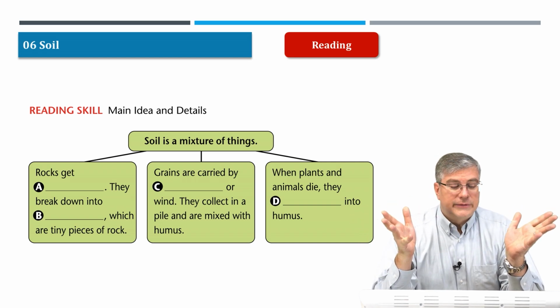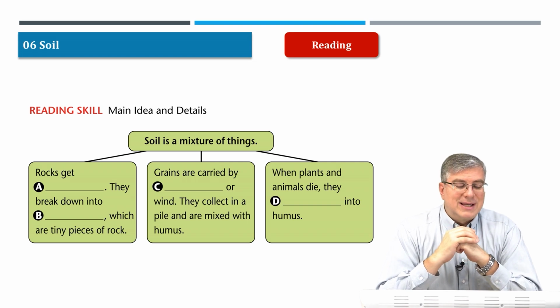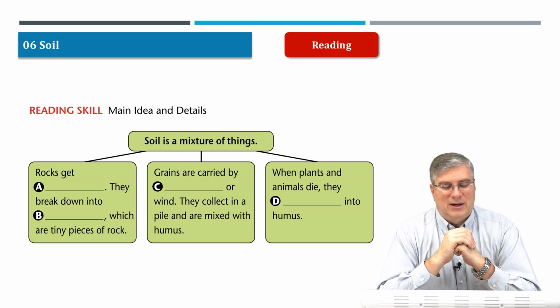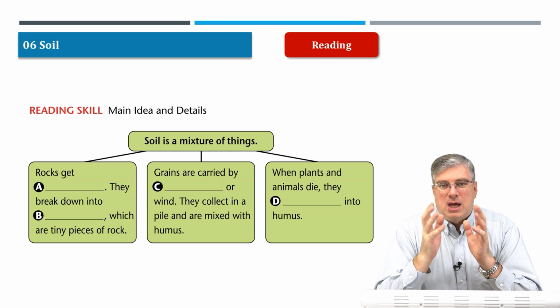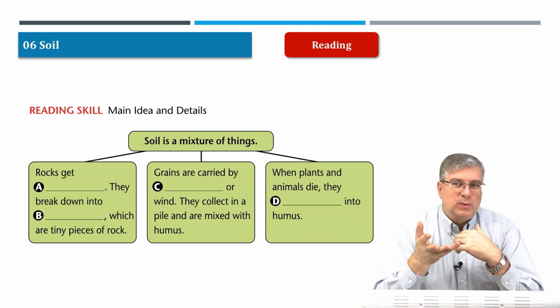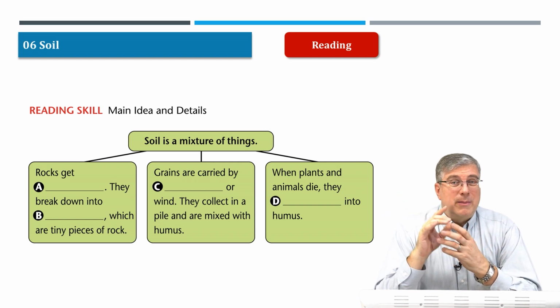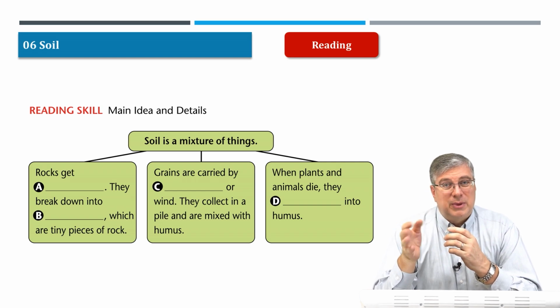What are the details? Well, rocks get weathered. They break down into grains, which are tiny pieces of rock. Remember we talked about the sun, if it's sunny, if it's hot, it's cold, maybe it's windy, maybe it's raining. We call that the weather. But remember, weather has another meaning. Weather means to change something through the weather.